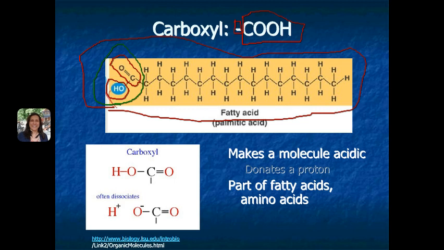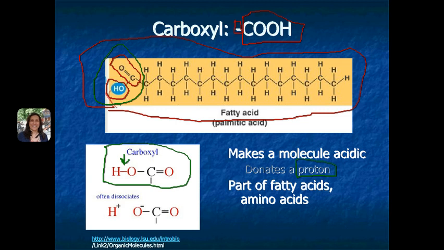Carboxyls make molecules acidic by donating protons to the solution, and they do this by the ionization of the carboxyl group. Take a look over here to see how that happens. Over on the top we have the carboxyl group before it has ionized, and here there is a covalent bond between this oxygen and the hydrogen.